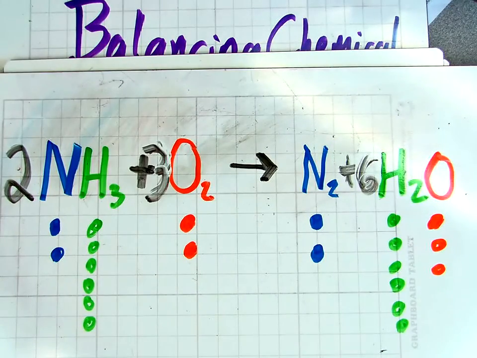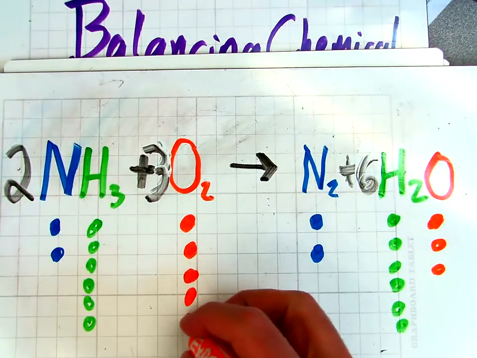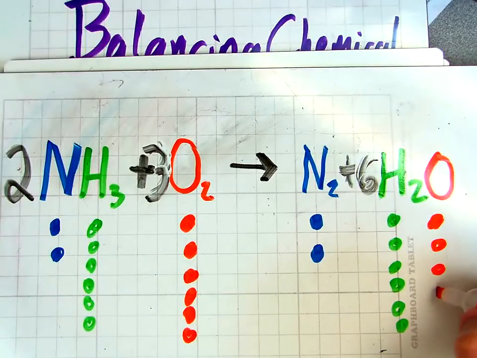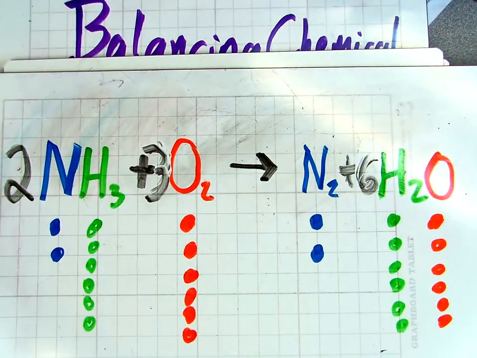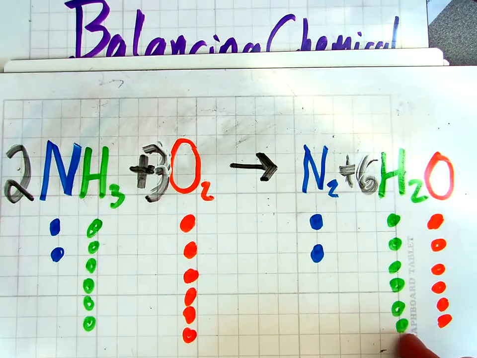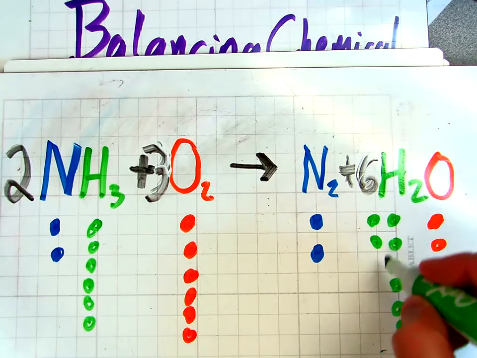So now I've got 6 and 6. Okay, great. Except now instead of having 6 hydrogen, now I've got 12 hydrogen over here.